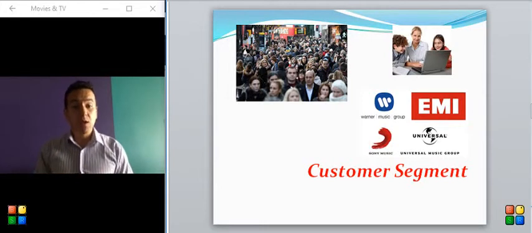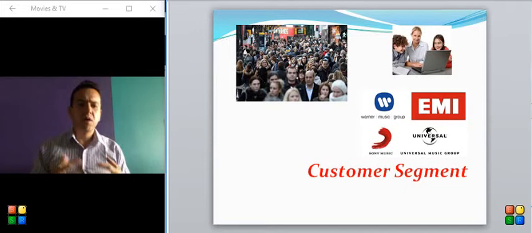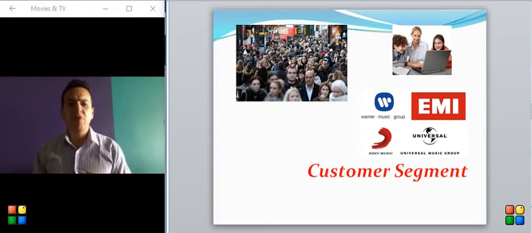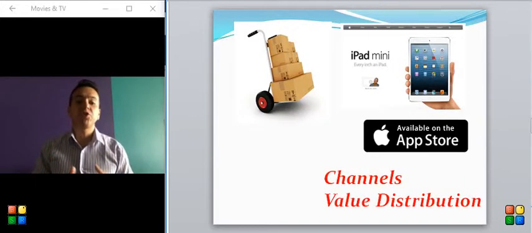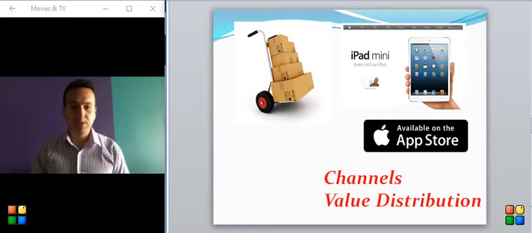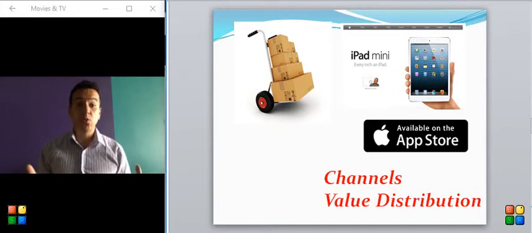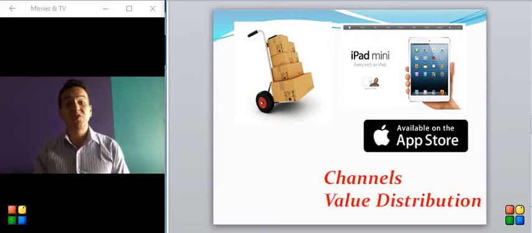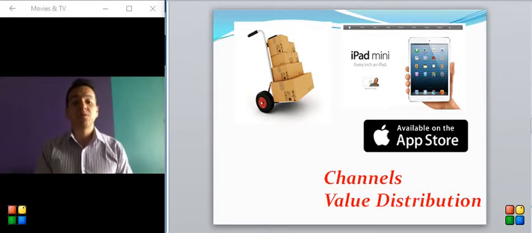Alright, so now we are going to discuss a little bit about the value distribution, how they distribute this value proposition to the customer segment. What is the easiest way for iTunes to display this value proposition to them?